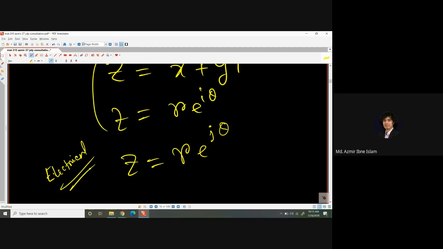Okay, those who are from electrical engineering are familiar with this type of notation. This is also a complex number in polar form. But can you please tell me why the authors of those reference books are using j instead of i? Do you know the answer?